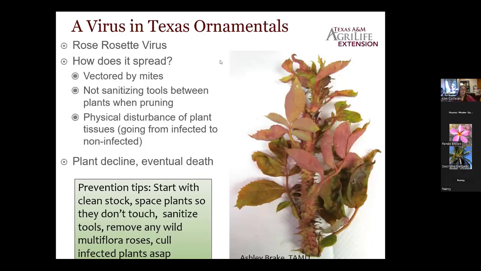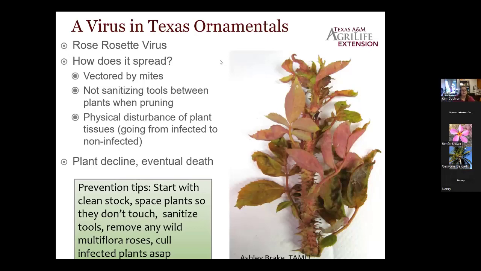You can also have overproliferation of buds. So instead of 1 or 2, you might have like 20 or 30, and they'll be really small and twisted, and they might not open, or if they do, they'll be just malformed little flowers that have the wrong number of petals relative to the variety that it is. So a lot of growth malformation and discoloration.